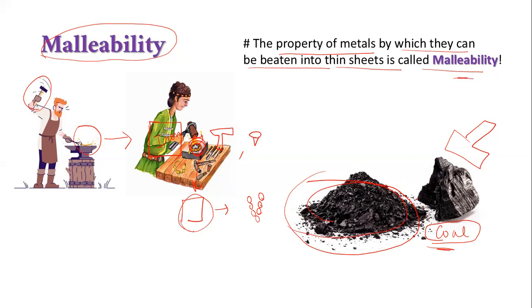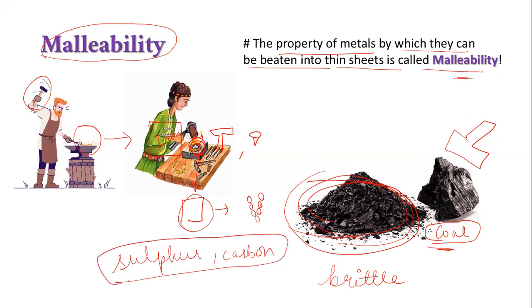Can we say that coal is malleable? No, not at all. For these kinds of materials, we use the word brittle. Brittle means that they get converted into a powdery mass instead of thin sheets. Same is the case with sulfur and carbon as well.